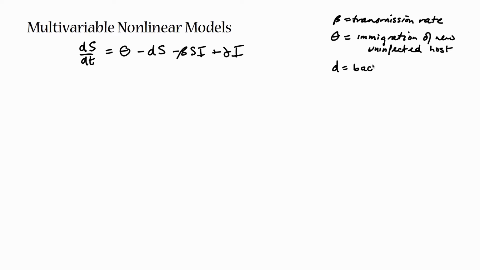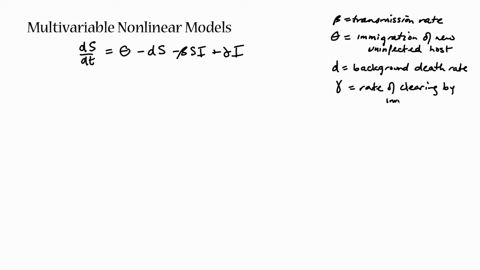D is the background death rate of things other than the disease that we're modeling. And gamma is the rate of clearing. So how often do people who are sick get better?